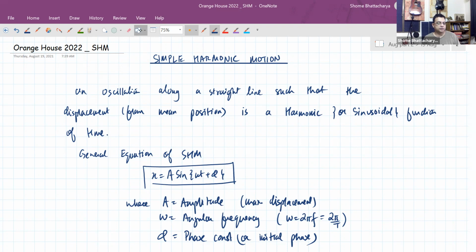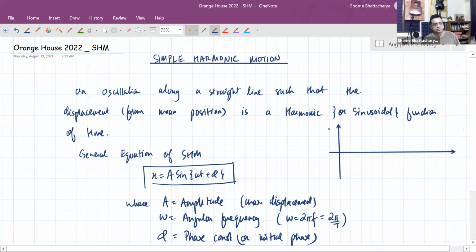Okay, so in general, we had also seen that the graphical representation of the displacement versus time will look like a sine curve.